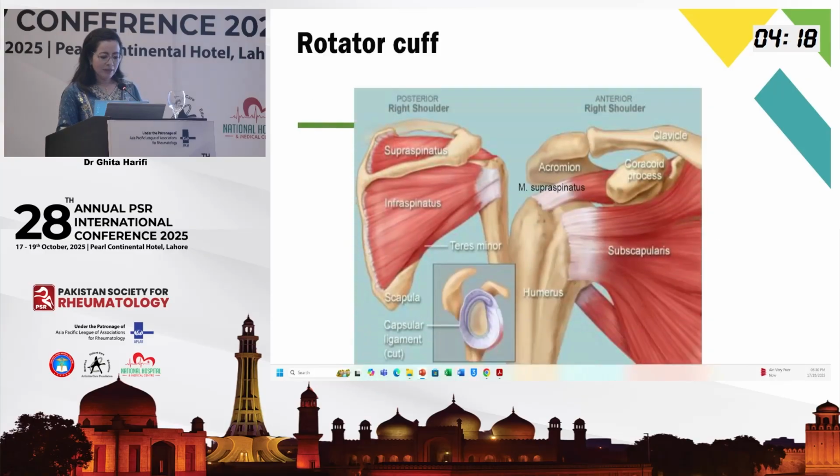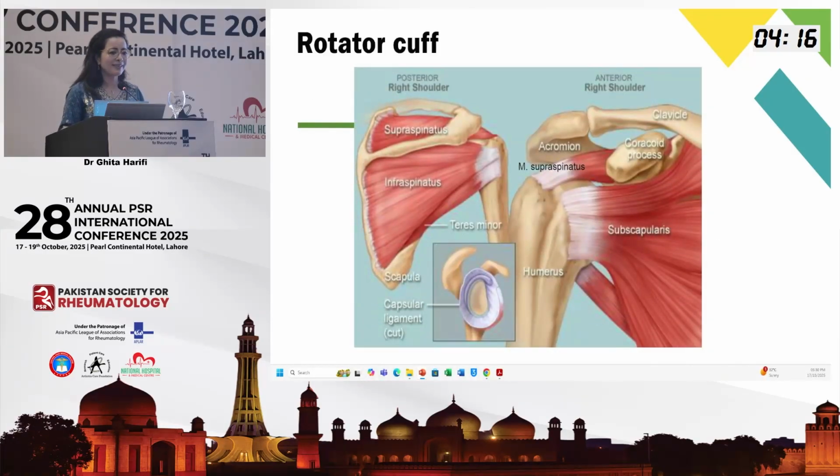So, then we come to the most important part in the anatomy of the shoulder, which is the rotator cuff. Now, the rotator cuff tendons and muscles are important for shoulder stability. As a sonographer, what we need to remember is, when I go on the posterior aspect of the shoulder, what tendons am I supposed to see?